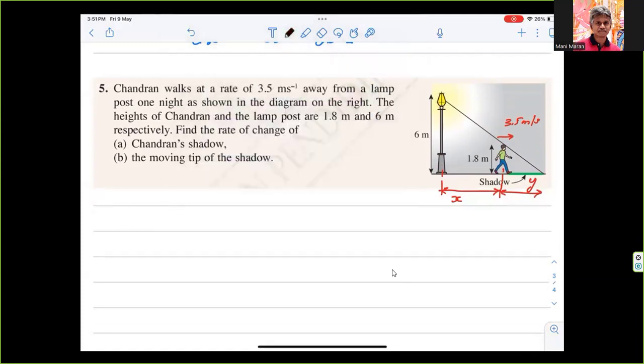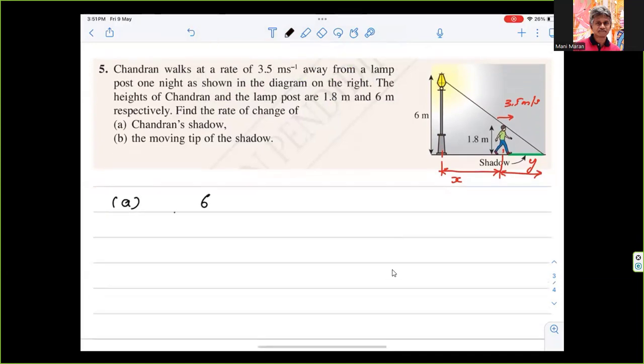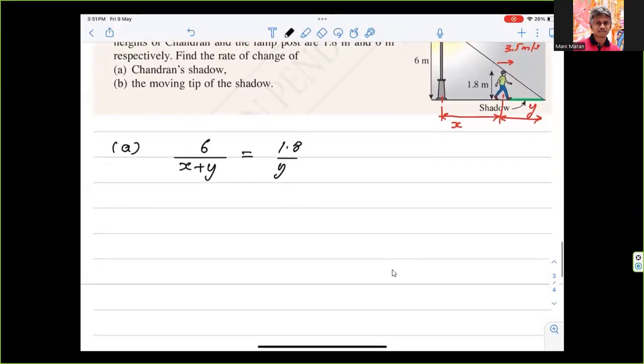In part A, we cross multiply to get 6y is equal to 1.8x plus 1.8y.